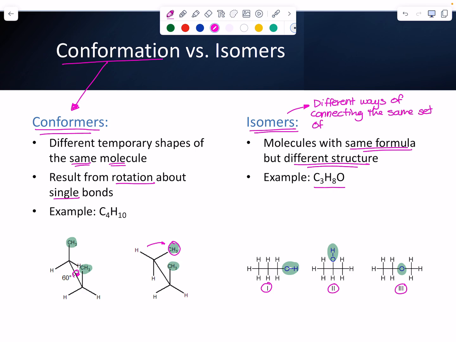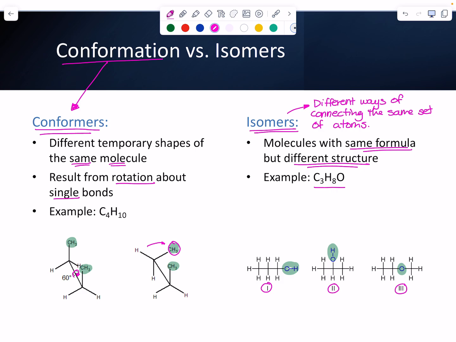So isomers are different from resonance structures. In resonance structures, who is connected to who, in terms of being an atom or an element, is the same, but maybe the number of bonds or number of lone pairs differs. With isomers, who is connected to who is different.